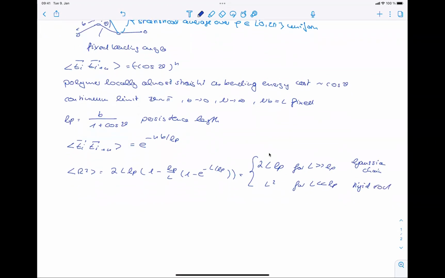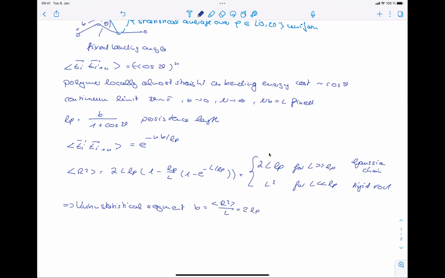And so what we see as well with taking this limit, if we look at identifying the end-to-end distance scaling, we can identify the Kuhn statistical segment b as R squared over L, which is 2 L_P.